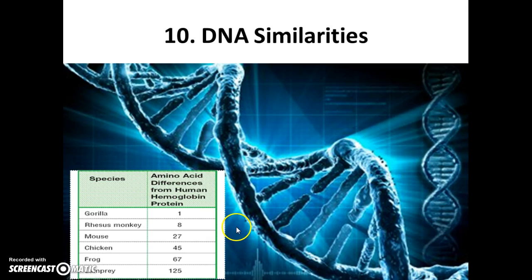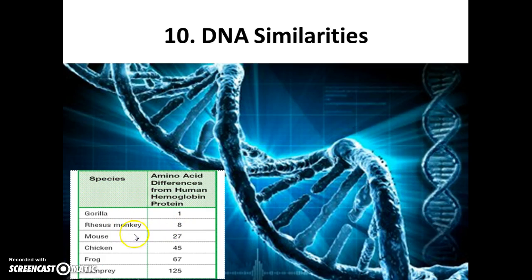If you look, for instance, at human hemoglobin protein, the more similarly related organisms in terms of evolution have the least number of differences in their protein structure. So a gorilla has only one difference in amino acids in the protein hemoglobin.